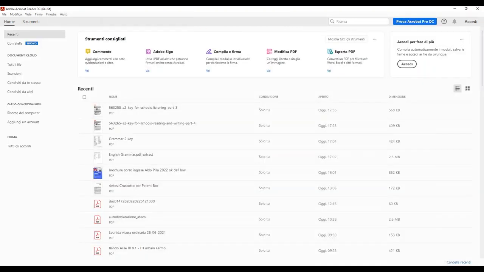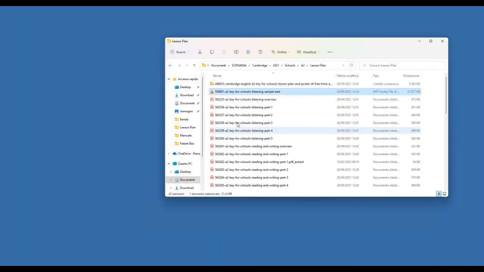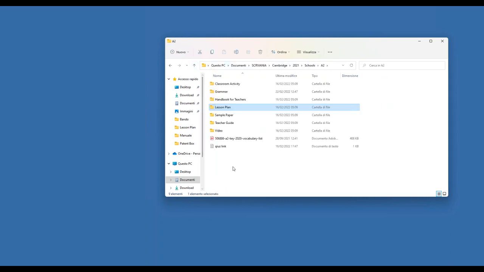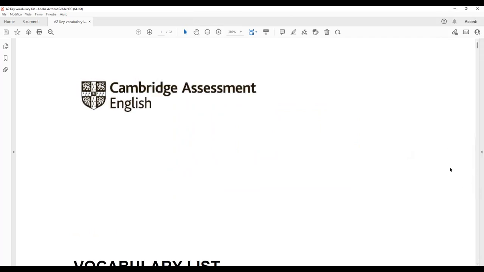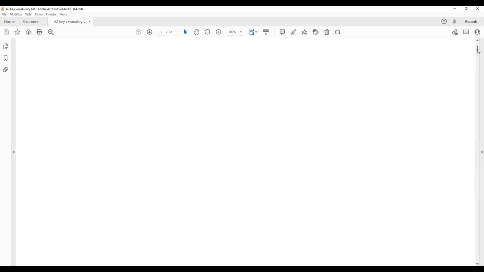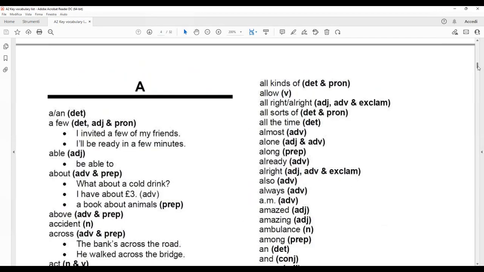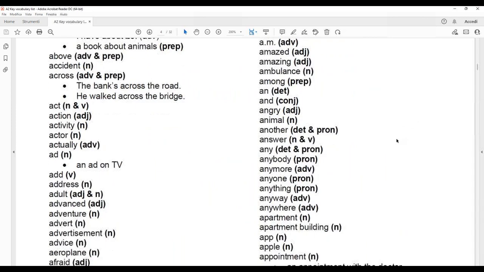So what we can do now is go back to our lesson plan folder, and keep in mind that we have a file called vocabulary list. Remember, I told you that Cambridge gave you a list of words that you can actually look at, and we started looking at some of these words.